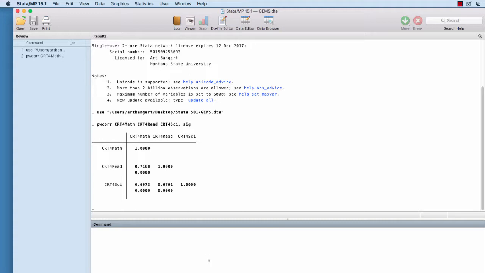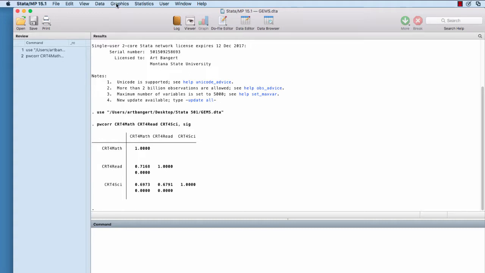Now, it's often the case that we like to look at two variables that are closely related to see if we can even find out more information about how they relate to one another. So in this case, I want to demonstrate how we can use reading to predict or explain a student's performance in science. And one way we can do that is to conduct a linear regression analysis.